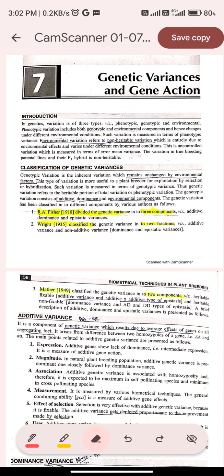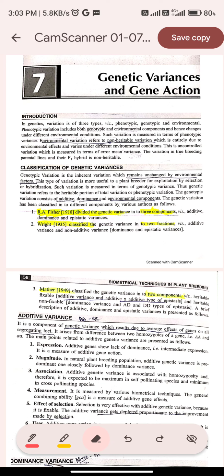Hello friends, today we are going to start with the topic genetic variance. Before starting the topic, we came across the terms many times, like what is variance, variation, and what is the actual difference between them.